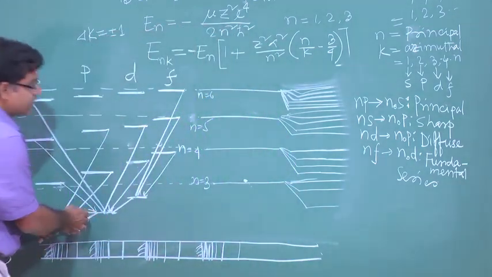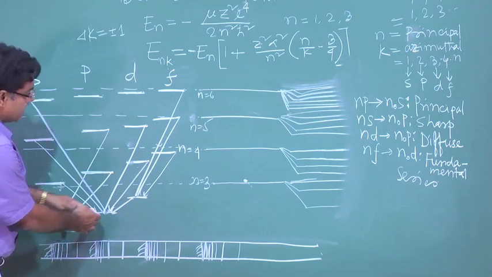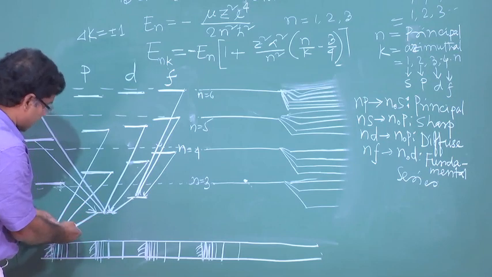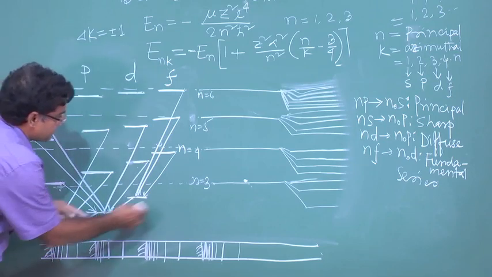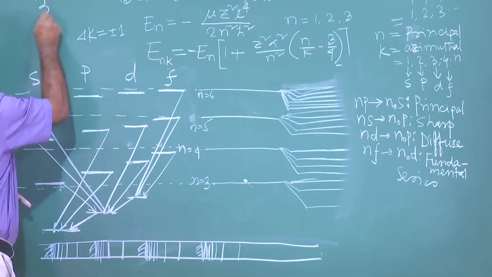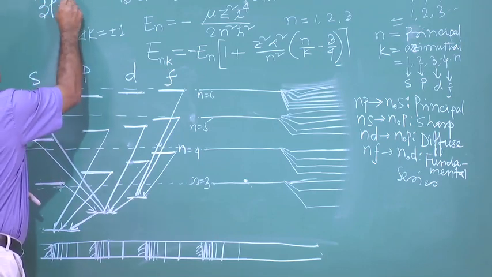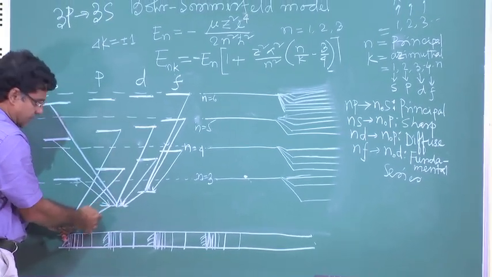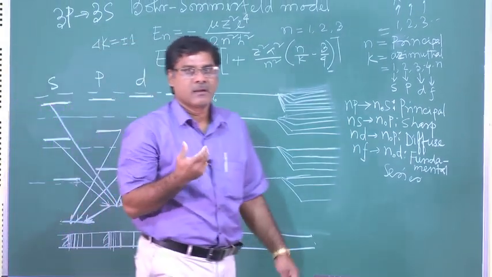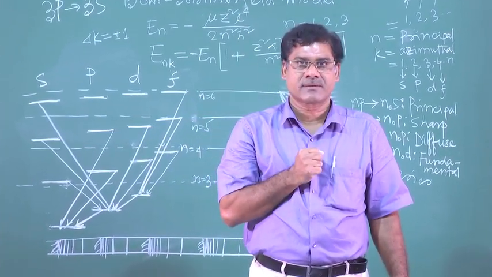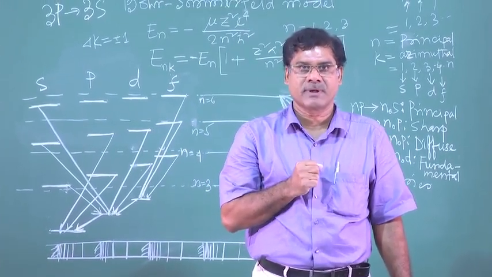This line from the 3P to 3S transition, this yellow light, is a very bright and very famous light in the laboratory.